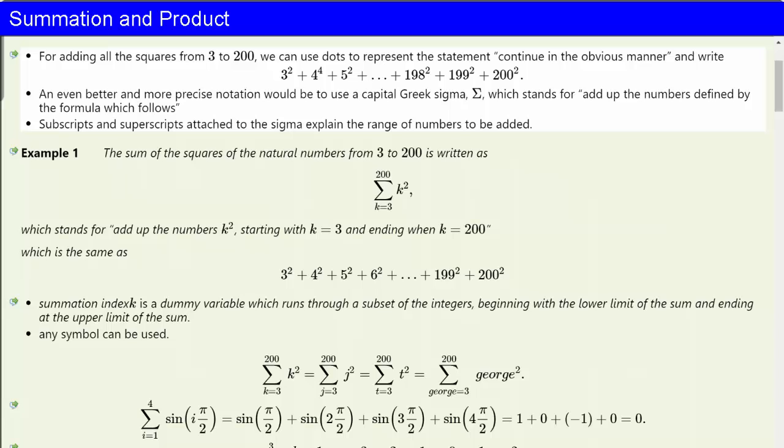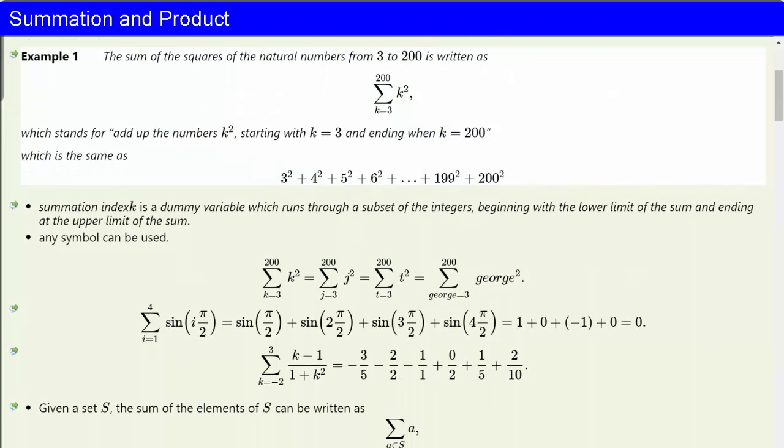We use a capital Greek sigma to stand for the command "add up the numbers defined by the formula which follows." And we use subscripts and superscripts attached to this sigma to explain which range of numbers we want to add. For the sum of the squares of the natural numbers from 3 to 200, we write capital sigma with a subscript k equals 3, superscript 200, and then after the sigma we write k squared to show what we're adding.